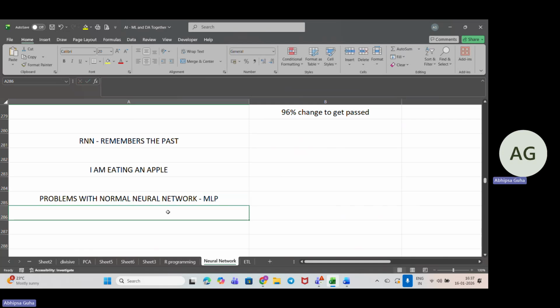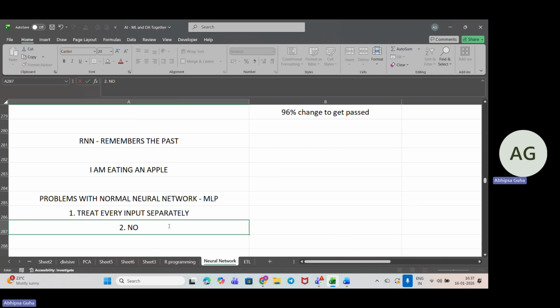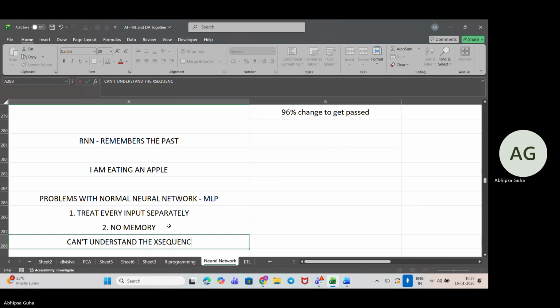What happens here? We treat every input separately, then there is no memory, and of course, it cannot understand the sequence.